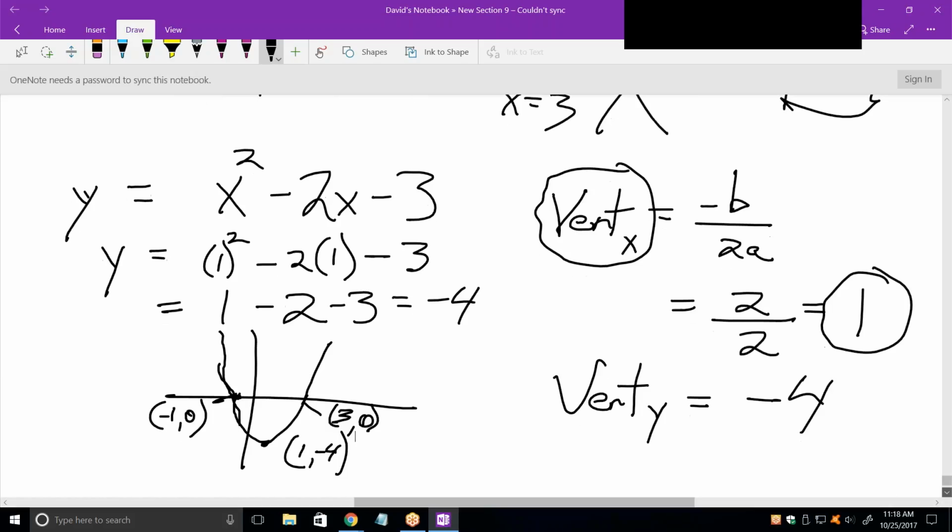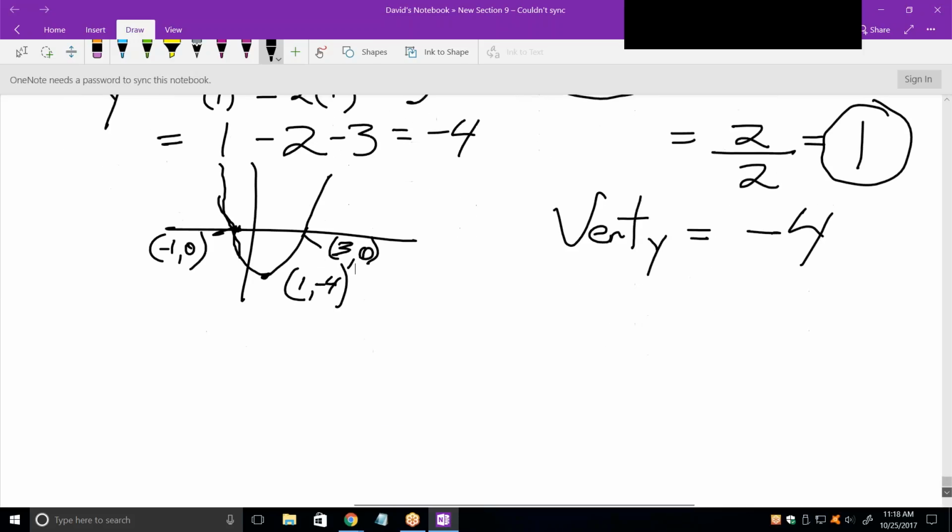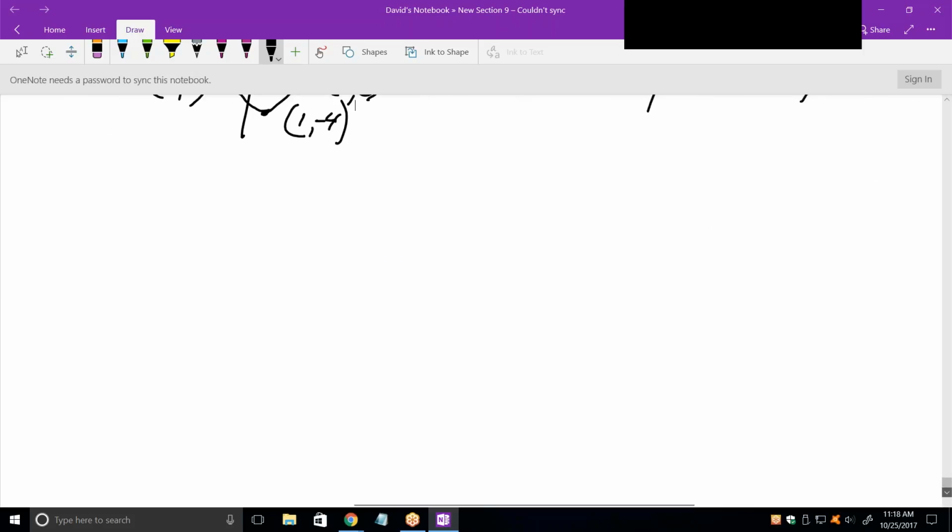Let me look at what else we've got going here. The next one is y equals 1/2 x squared plus 4x minus 10.